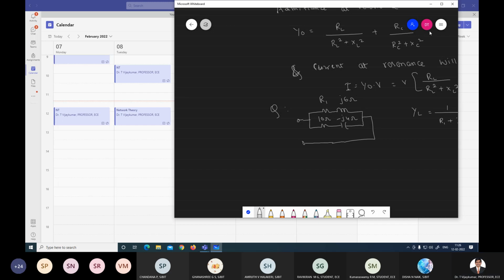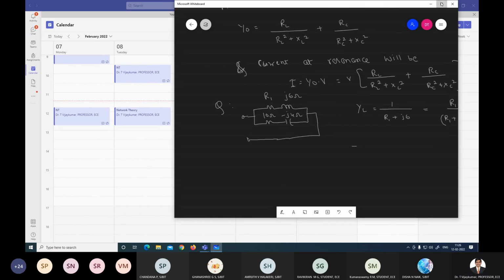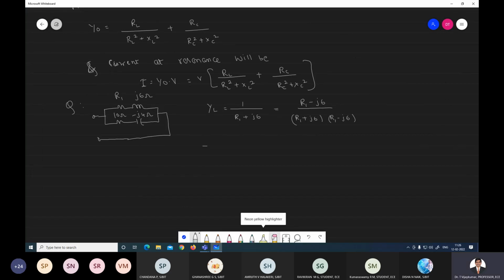So this is equal to R1 minus j6 by R1 square plus 6 square, that is 36.